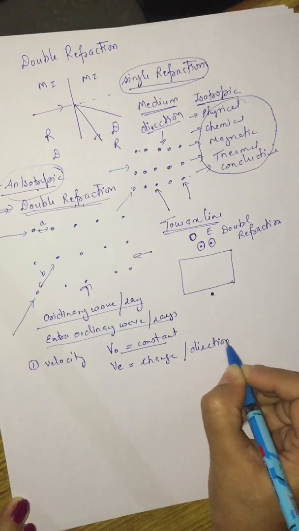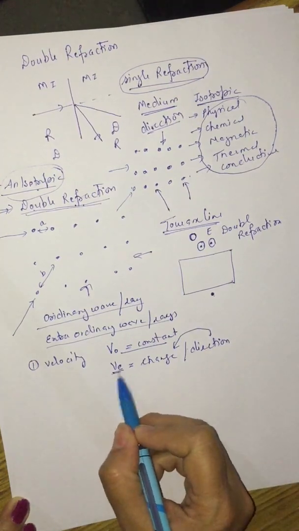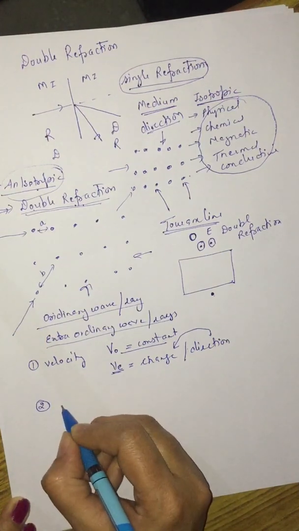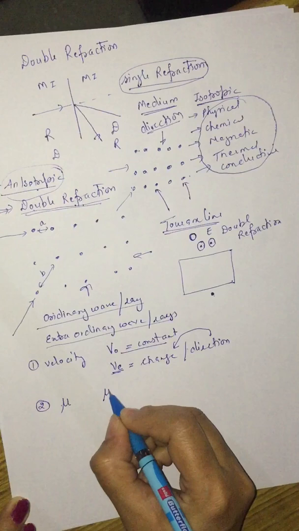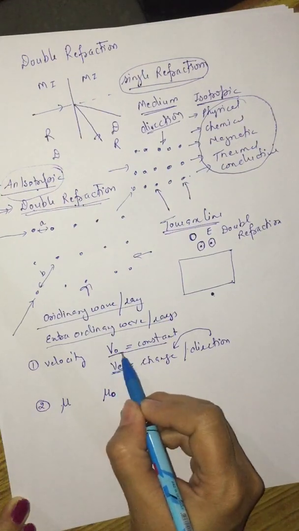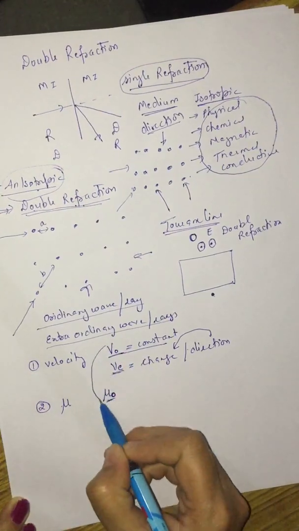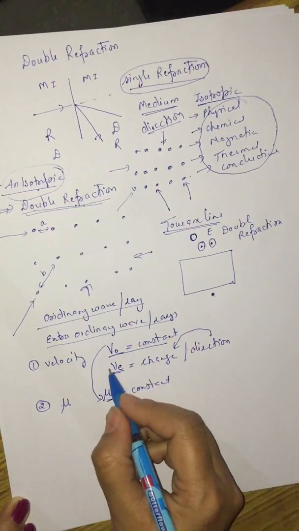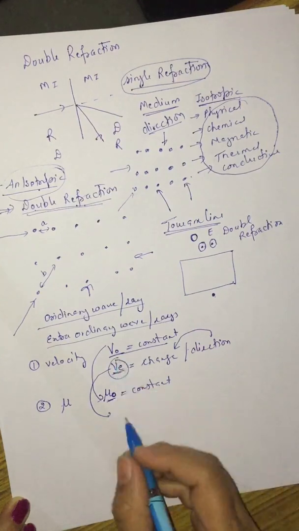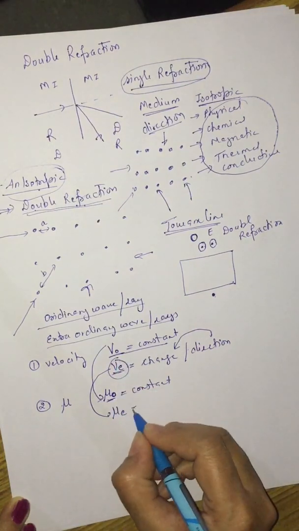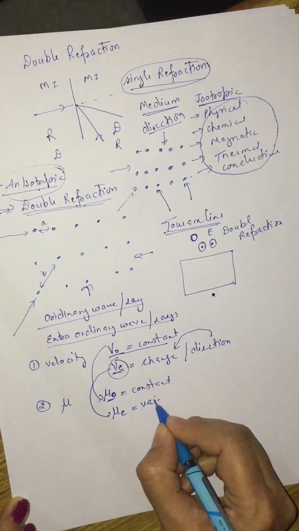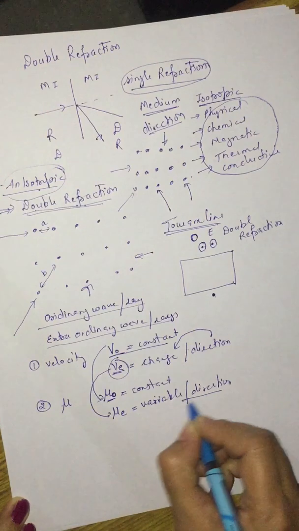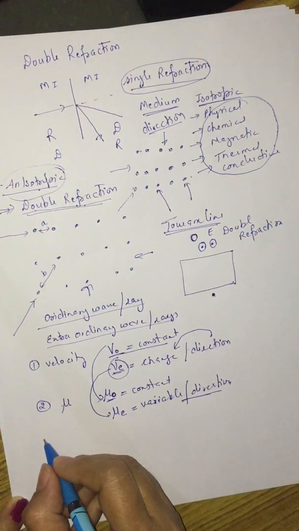So we will discuss their refractive index. As the velocity is constant, the refractive index of the ordinary waves is also constant. But in the case of extraordinary waves, as the velocity is variable, the refractive index is also variable. It also changes with the change of direction.